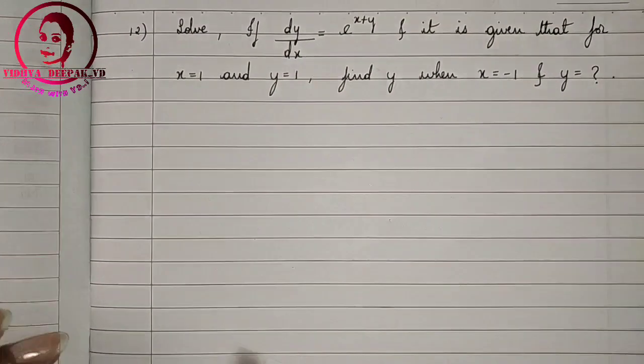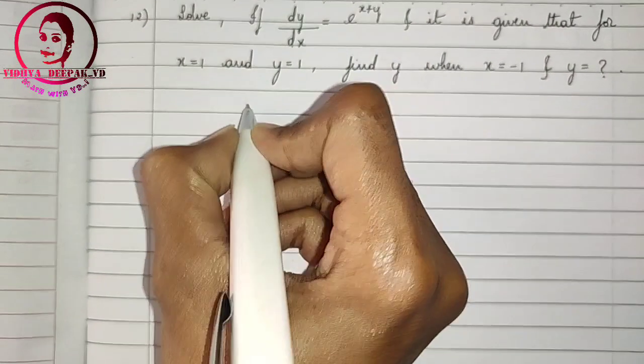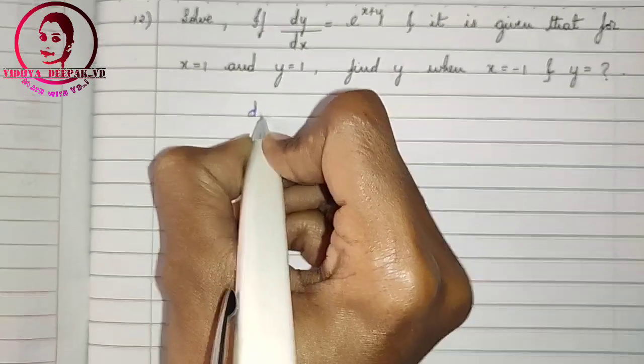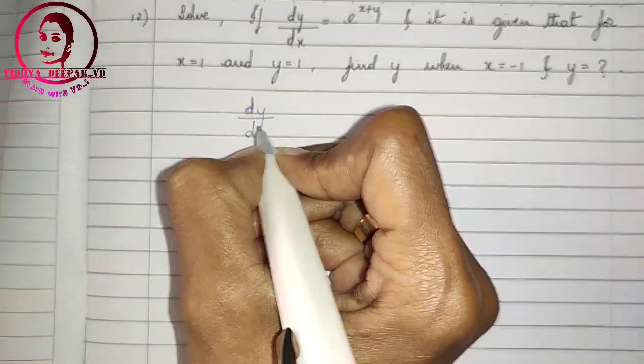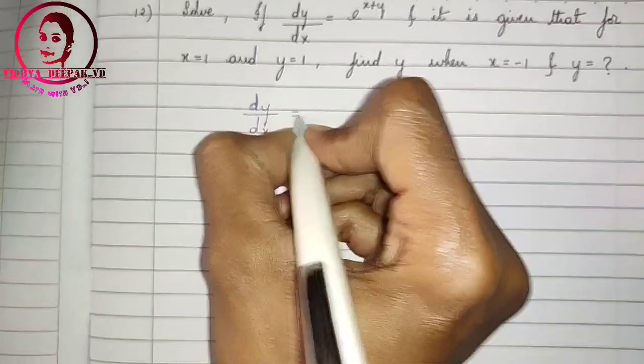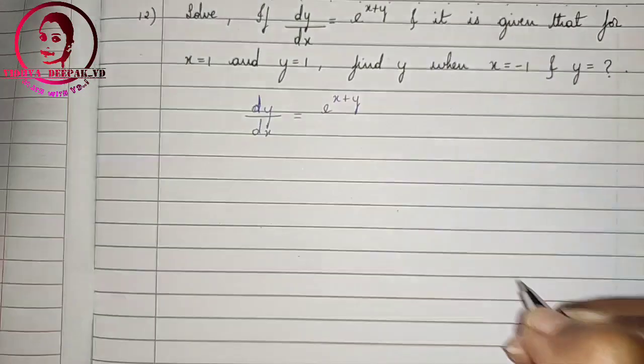We'll understand this better by solving this. So let's start. What is given? It's given that dy by dx is equal to e to the power of x plus y.